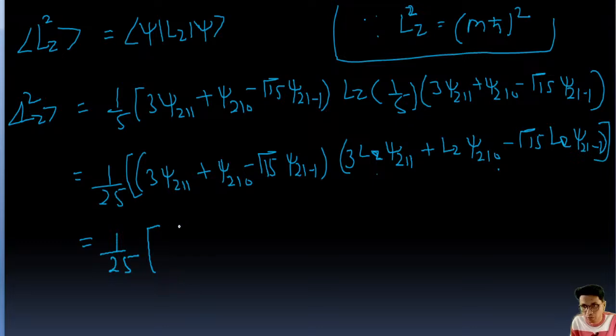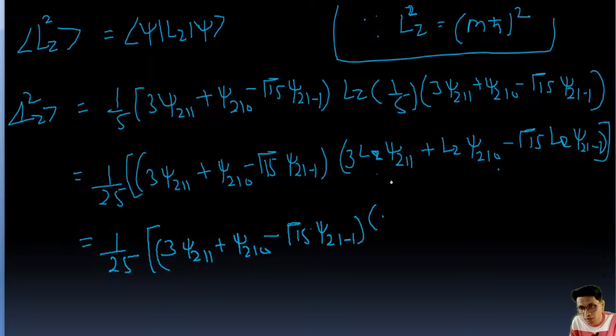So we'll write it, so it is 3 psi 211 plus psi 210 minus root 15 psi 21 minus 1. Okay, and this is going to be 3, this value is h cut square, right? 3 h cut square psi 211, this value is 0, and this value is going to be 15 h cut square psi 21 minus 1, right?